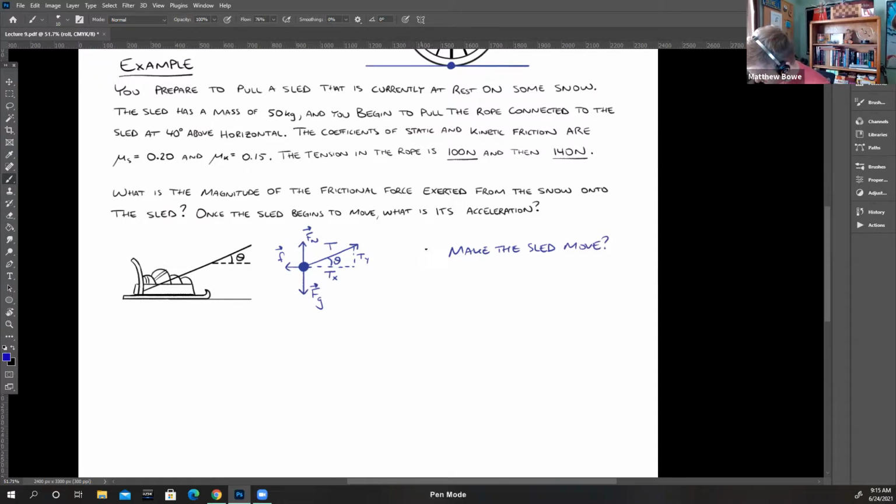So we want to constantly be checking this static friction limit. We know it's at rest, so it has some static friction. So we're going to have to check this rule as we go. If the question said it was already moving, we wouldn't have to do this.